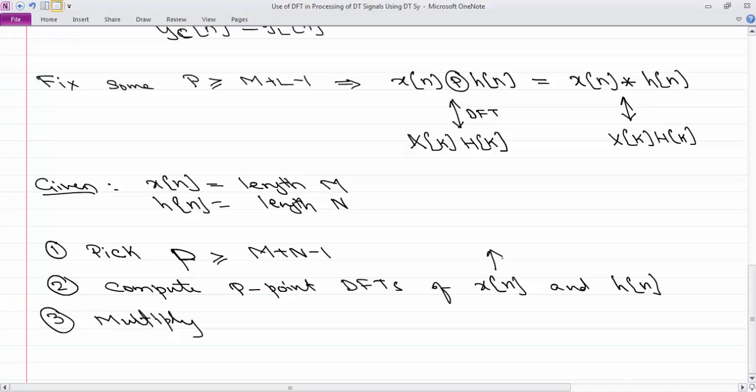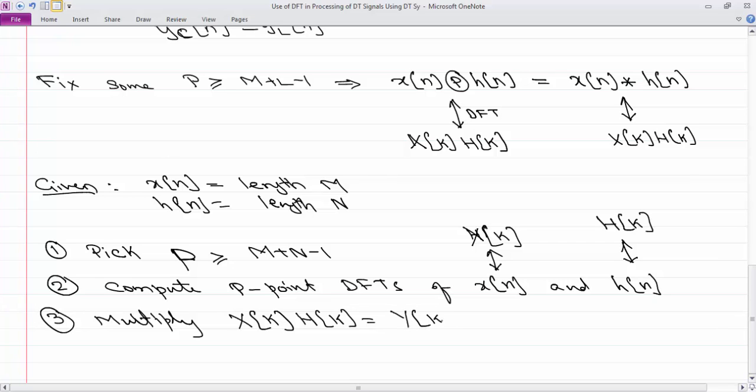So if x[n] has a DFT X[k], and h[n] has H[k], then you multiply them to get X[k] H[k] equal to Y[k], k from 0 to P minus 1.